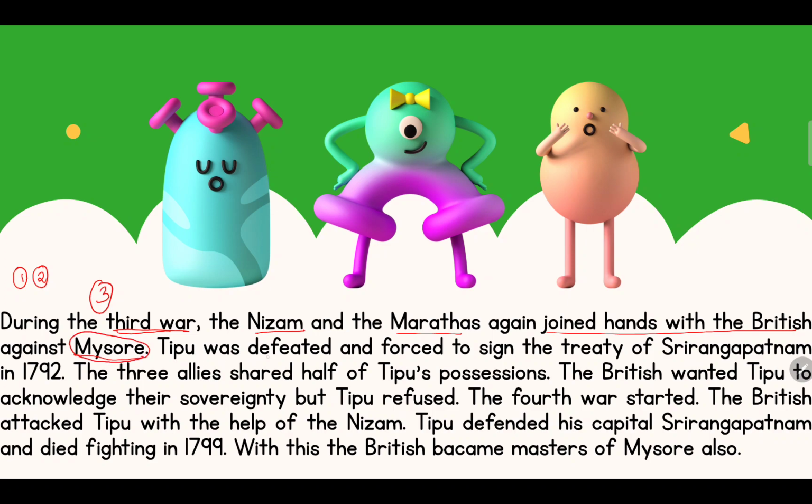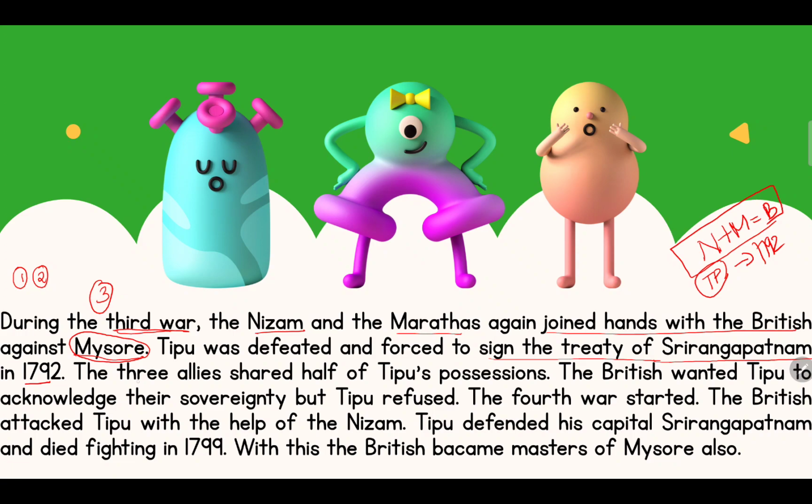Tipu Sultan was defeated and forced to sign a treaty of Srirangapatam in 1792.